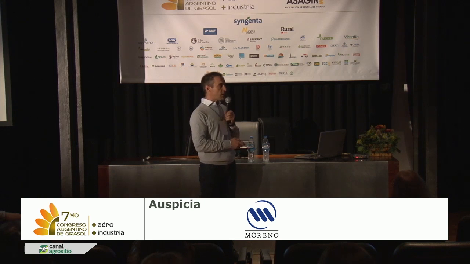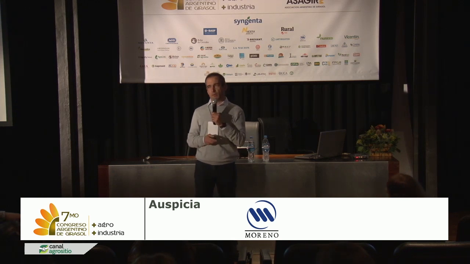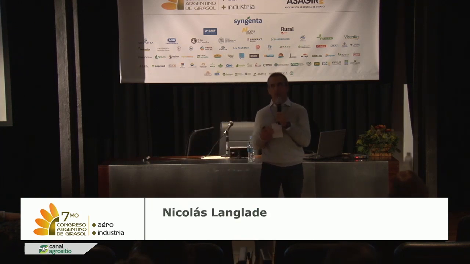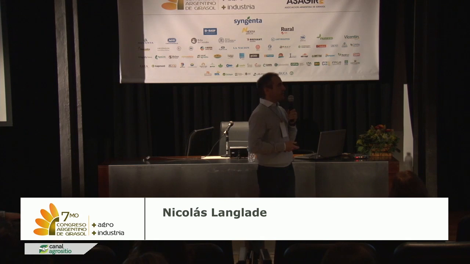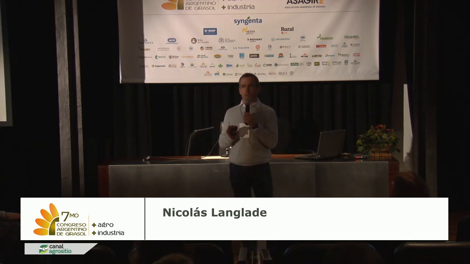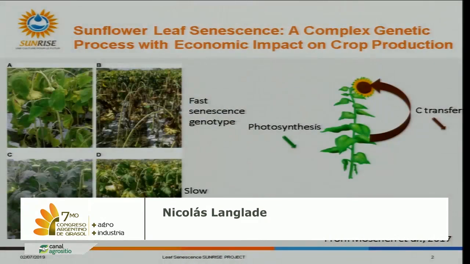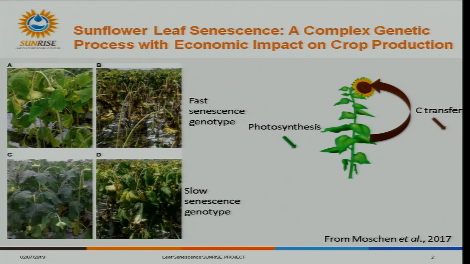So you all know very well sunflowers. I'm not going to introduce it. And senescence, I'm sure you're familiar with it as well. So here it's just a quick slide to introduce some context. Of course, leaf senescence is very important for the final yield because it has an impact on the photosynthesis the plant will manage during seed development and then fix the carbon.